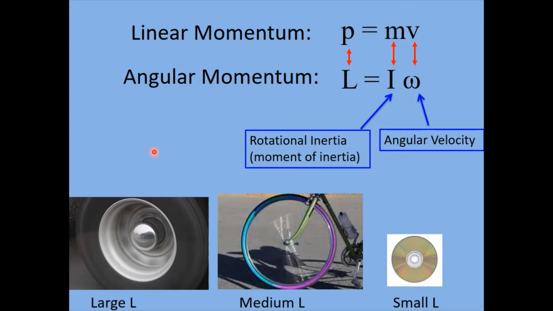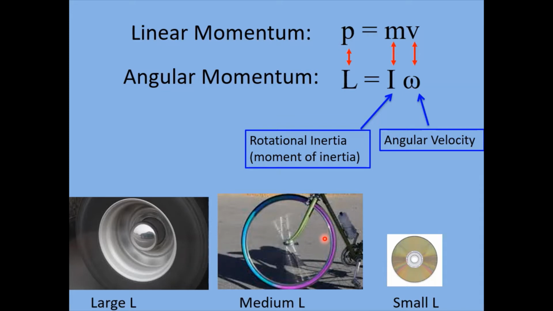Just for a couple of conceptual examples, a car wheel that's spinning very fast as you're driving down the road has a relatively large angular momentum. It has a lot of mass, therefore its rotational inertia is large, and it's probably spinning very fast. It has a large omega as well. A bicycle wheel obviously is going to have less angular momentum than the car wheel.